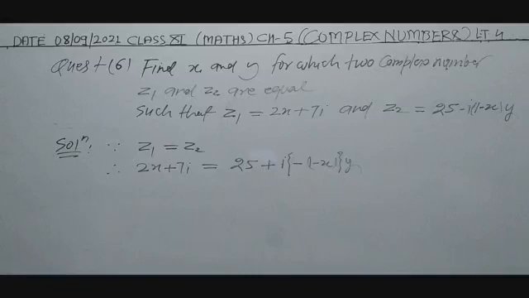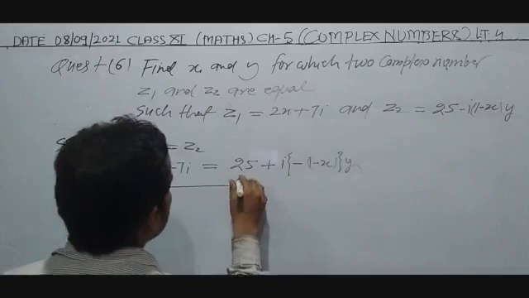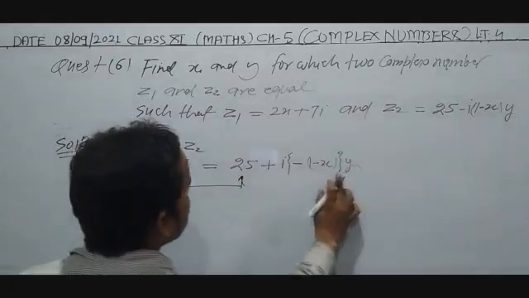So, two complex numbers are equal. By the property of equality of two complex numbers, they are equal if their real and imaginary parts are equal. So, this is real and this is the coefficient of imaginary.